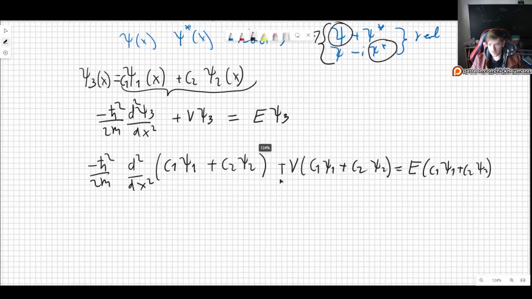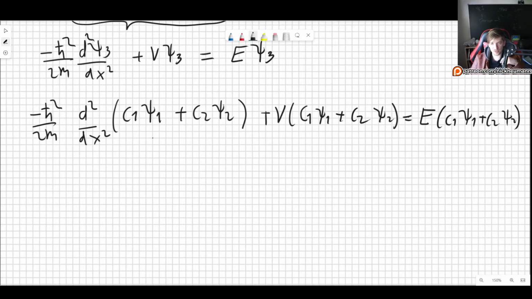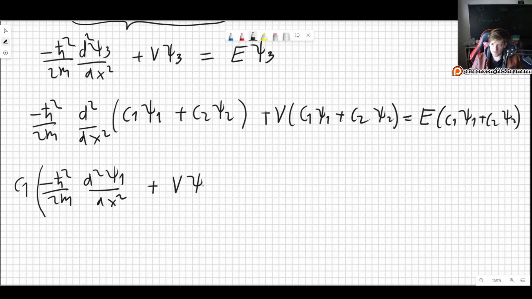Now let's just multiply through and separate everything. So we have minus h bar squared over 2m d squared psi 1 dx squared, because of linearity, we can simply multiply through and separate them at the plus sign, and we can put the c1 in front here. We also have the potential multiplied by c1, so we can factor it out, so we get plus the potential times psi 1.